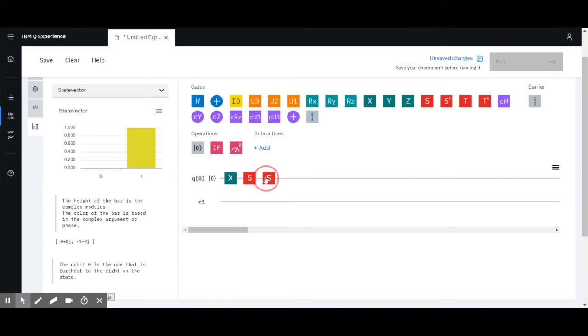So 2 S's is the same as 1 Z. And I think the T is half the S. So if you apply 1 T, you get into some kind of purple, in between your blue and pink. If you apply 2 T's, then you're at pink, so that's 1 S. And if you apply 4 T's, then you're back at Z. So that's how those greens and yellows work, this is basically what you're doing with these gates. That's how you manipulate information in one qubit without mathematics.